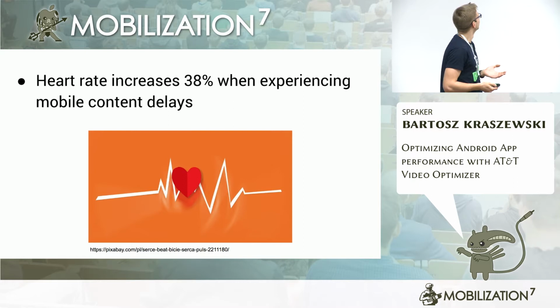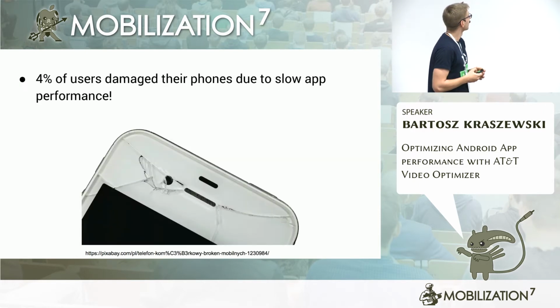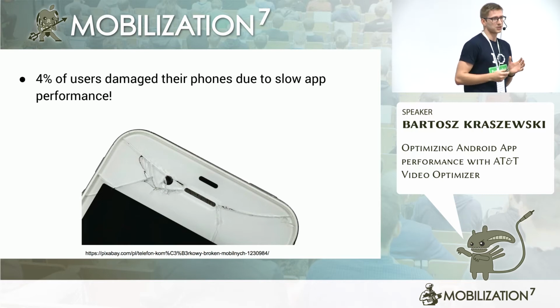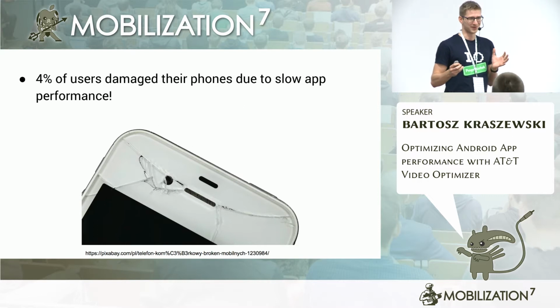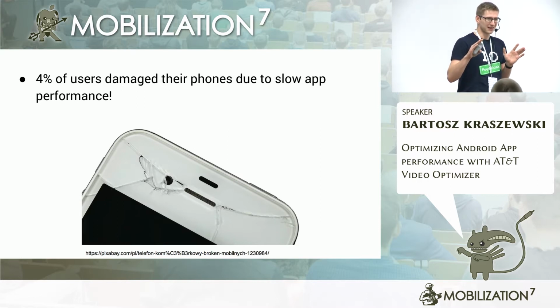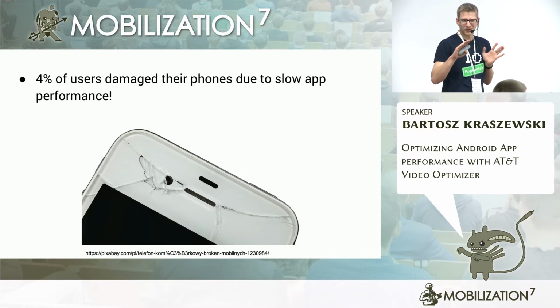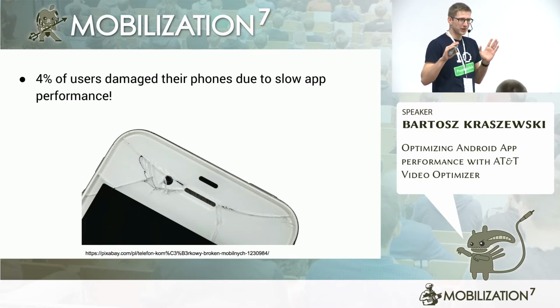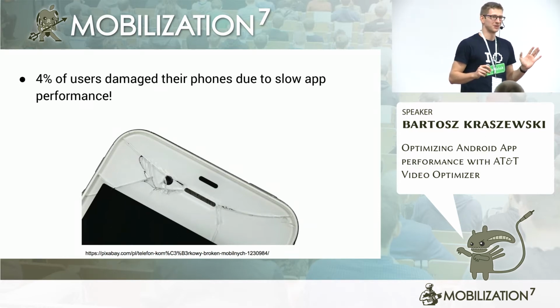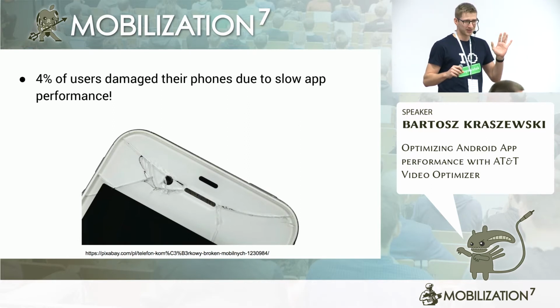and we can't do it from a dead person. And there's another funny fact: about 4% of users actually damage their phone due to slow application performance. So let's do some small math. I see about 30, 40 people here. That means we've got at least one person who did it. So please raise your hand if you are one of those.